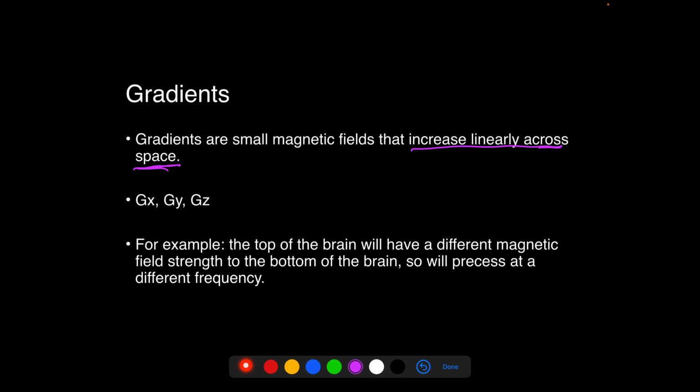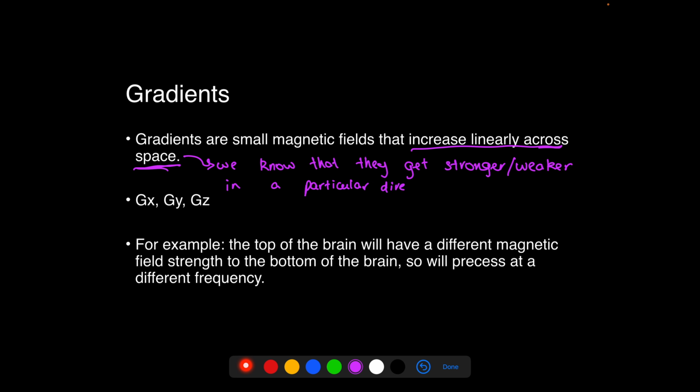What that means is that we know that they get stronger or weaker in a particular direction. We have three of them, GX, GY, and GZ, which are just from left to right, from front to back, and from head to foot.